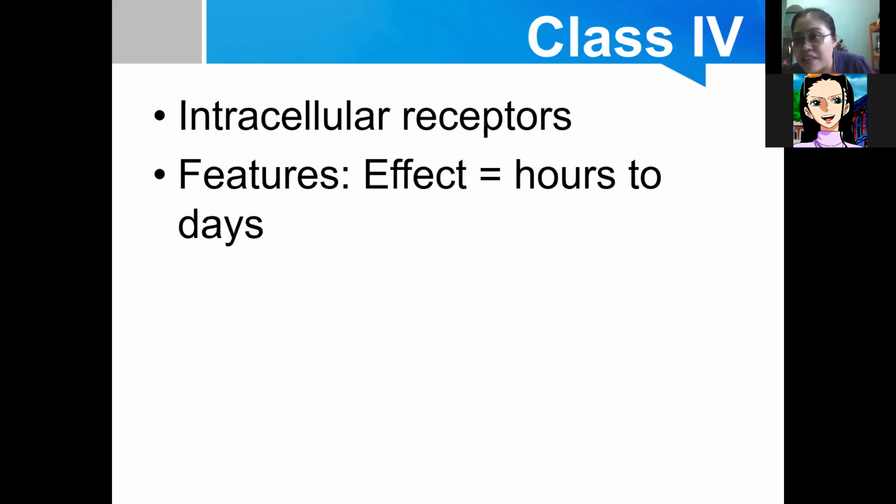Kay ang ilahang receptor naa sa sulod sa cell. So class 4 na siya, intracellular. And the effects will be from hours to days kung kanus ang makasulod ato ang tambal no sa cell and makabind siya sa iyahang receptor. Wait lang.